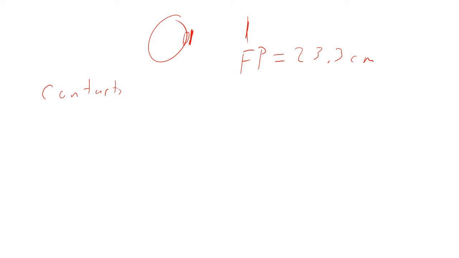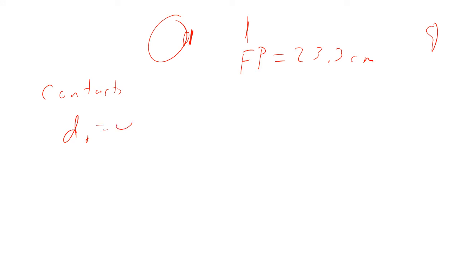Well, let's consider another person. So we have another person that's profoundly nearsighted. So their far point, in this case, might be much closer. Their far point might be 23.3 centimeters. And so in that case, for contacts, when the lens is right on the eye, then we want something infinitely far away.